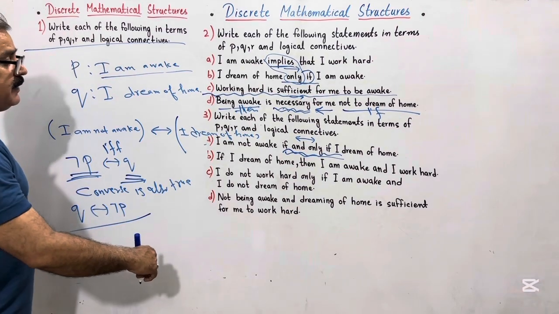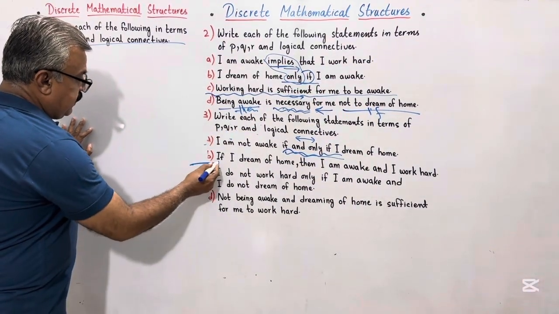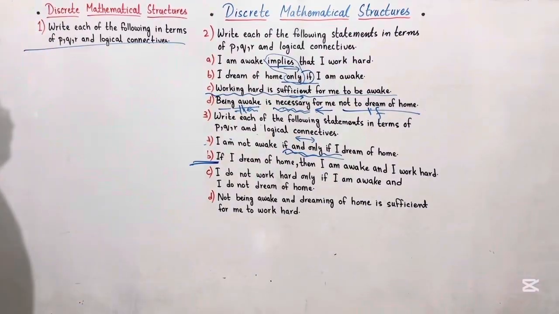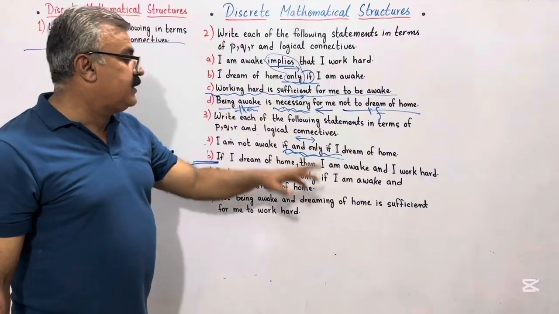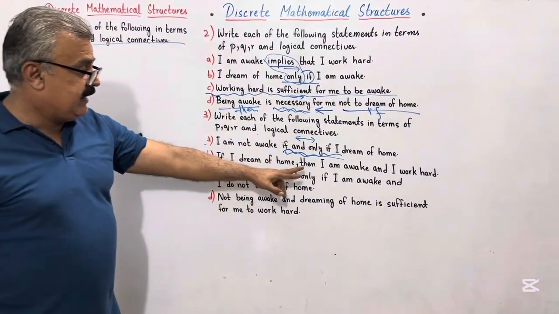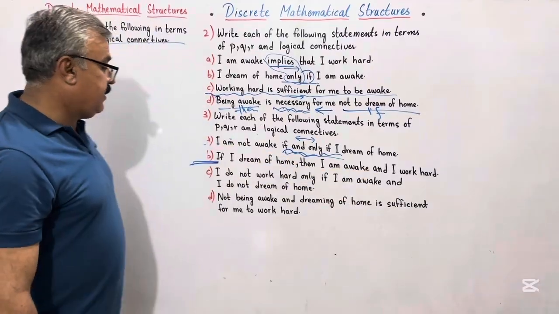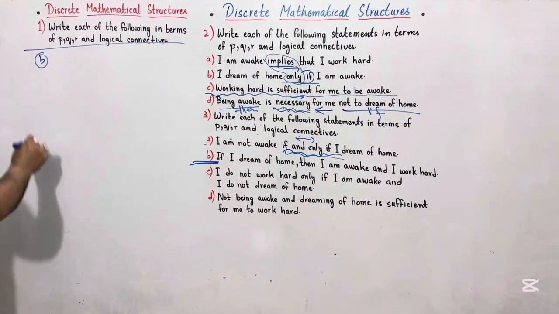Moving towards point number B: if I dream of home, then I am awake and I work hard. Let me write the keywords for this.